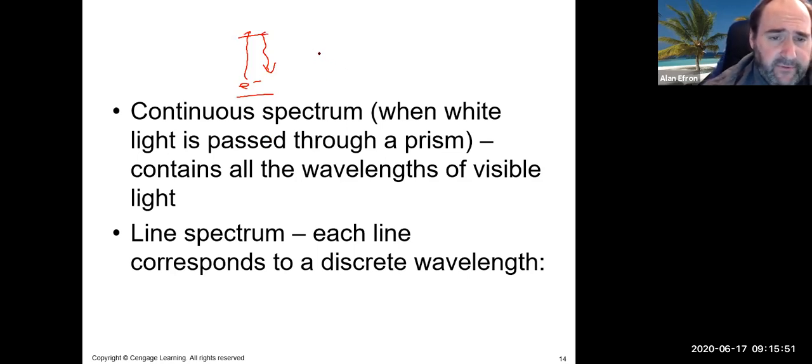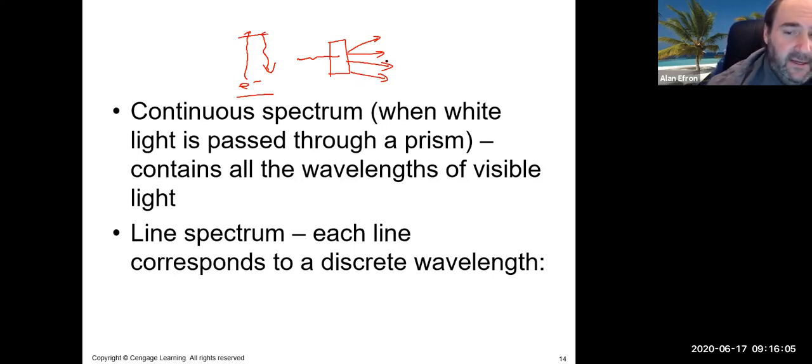If we pass white light through a prism, the prism separates the light into different colors, and we typically get this continuous spectrum.